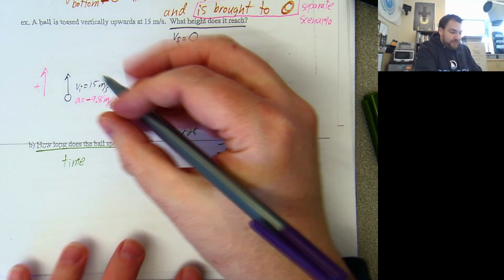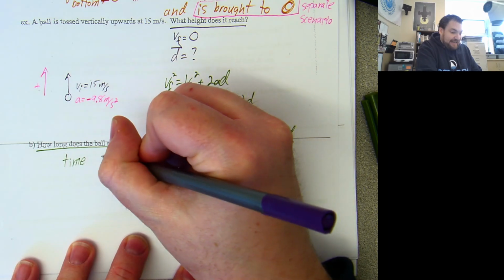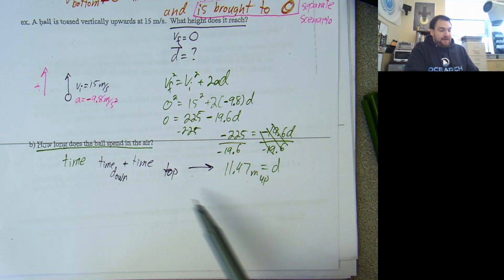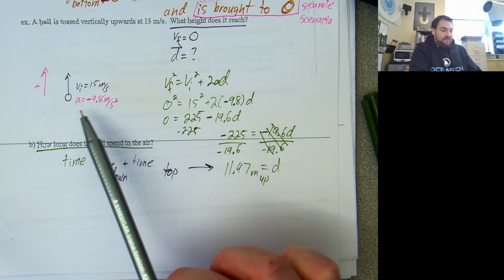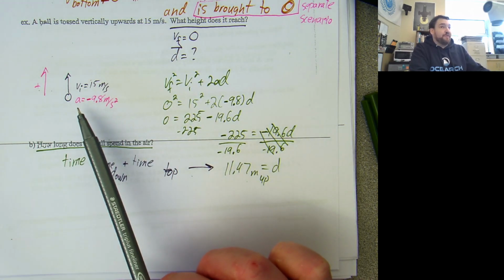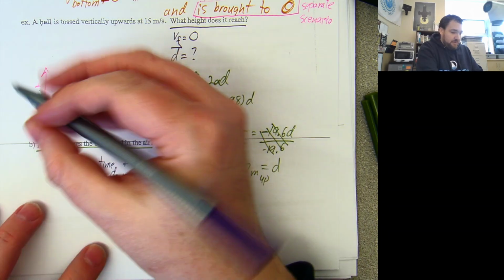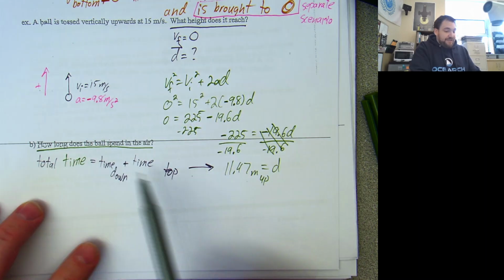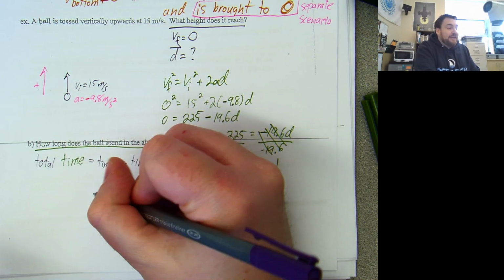And what you want to do is take the time to the top and add it to the time going down. But presumably, it's going to land level to where it was thrown from. So your total time is equal to the time up plus the time down.